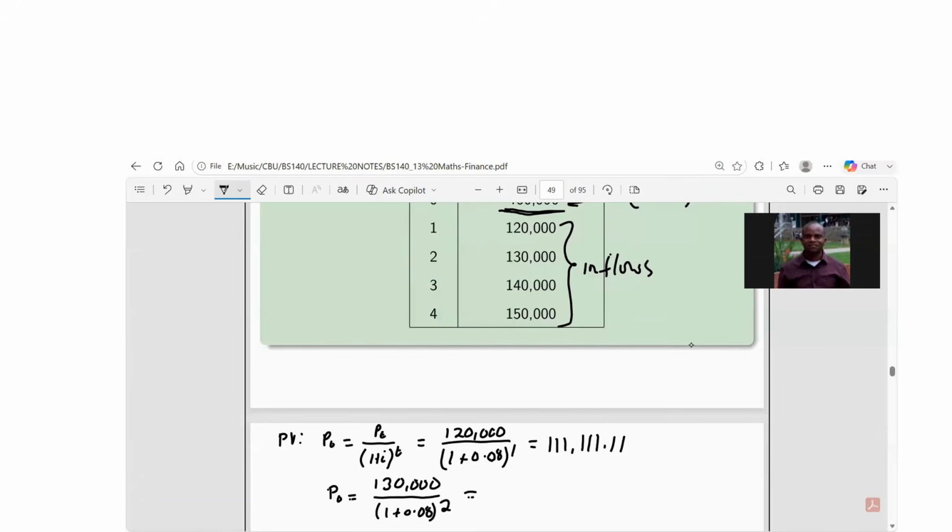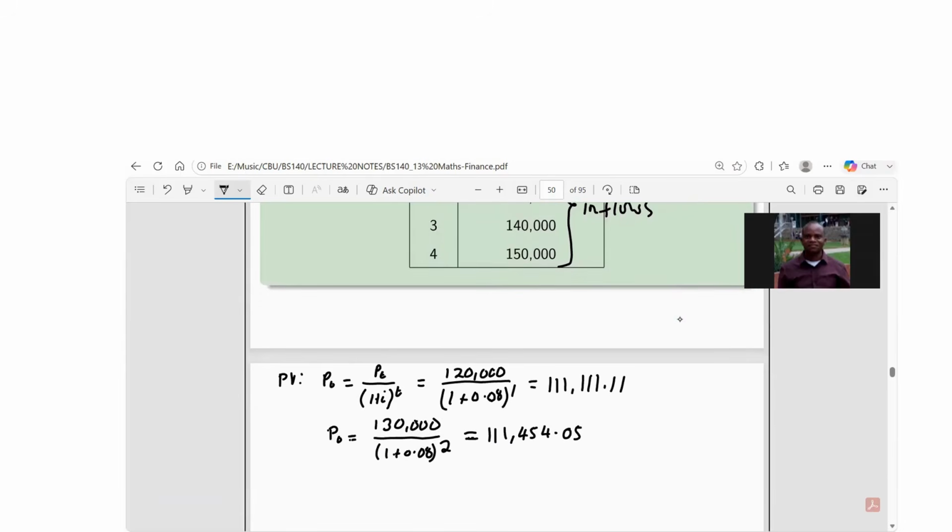Then to the power 2, squared, I get 1.166. Then 130,000 divided by my answer gives 111,454.05. That is the present value in year 2.